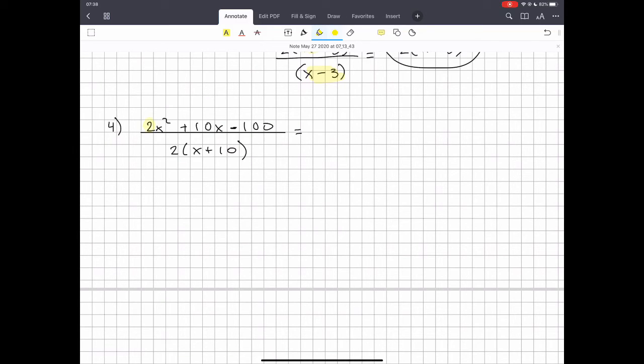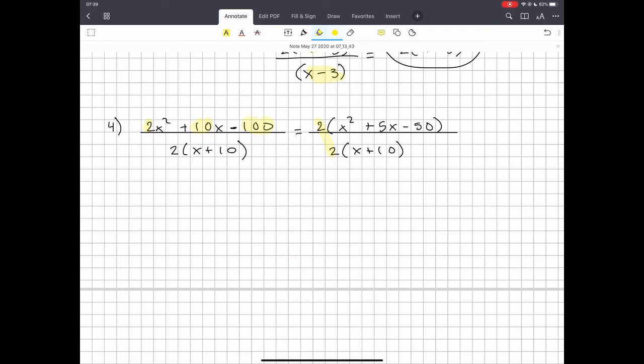I noticed that these three terms have a greatest common factor of 2, so we'll take that out. When I factor that out, I'm left with x squared plus 5x minus 50 divided by 2 times the quantity of x plus 10. Now I'm looking at this and I see that these will divide out.